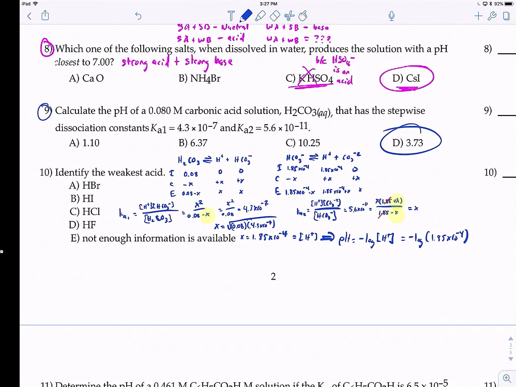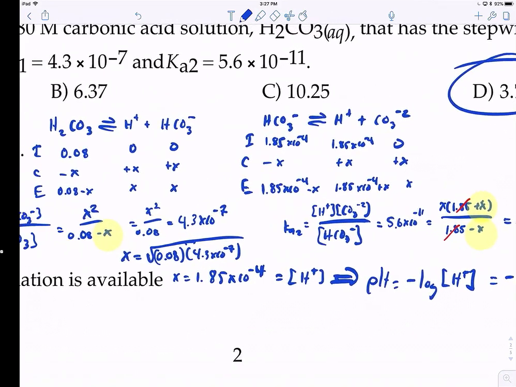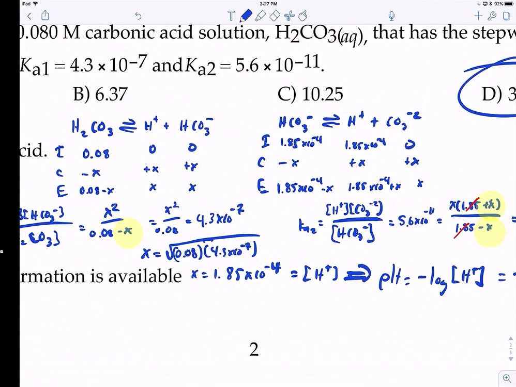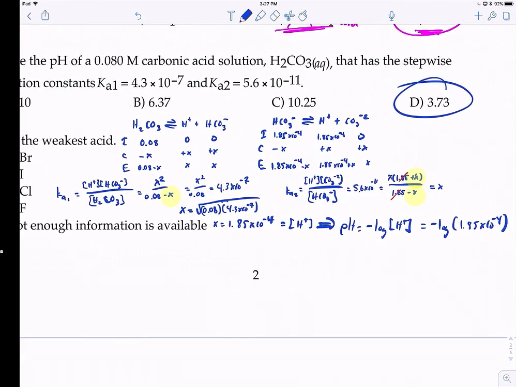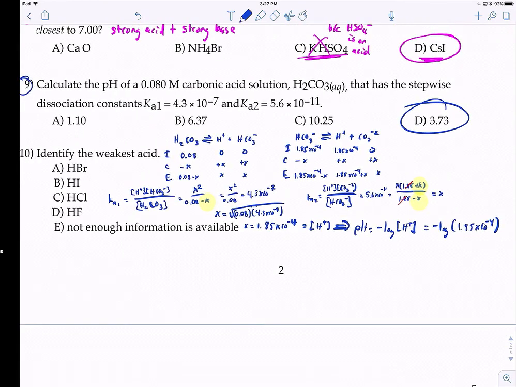You don't really have to do the second step. I did the second one just to show you that it's negligible, because the difference is a factor of 10 to the 7, or 10 million. So with the exception of sulfuric acid, you don't have to do the second step, if you want to save yourself time on the test.